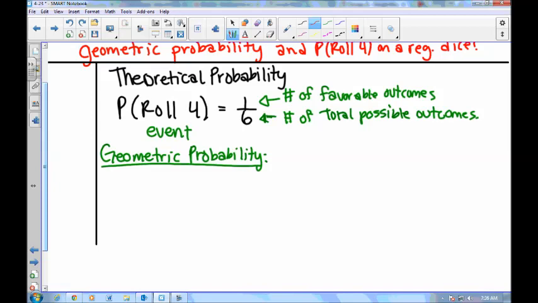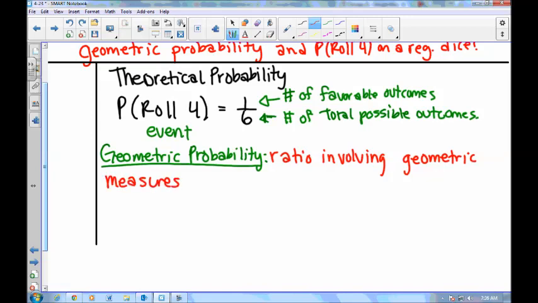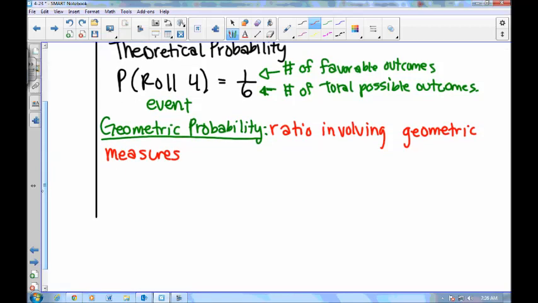So it's a ratio involving geometric measures such as length or area.